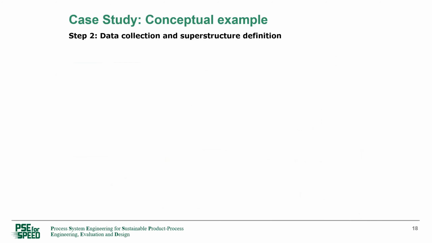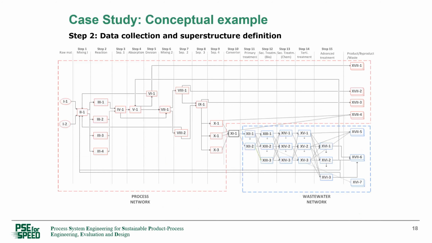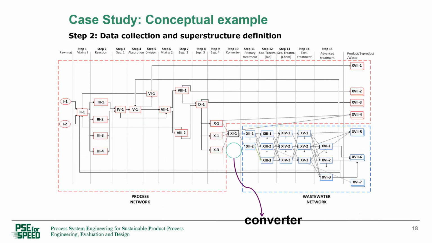And then the 2 networks need to be joined together. So you see the red and the blue, and then in between there is 1, and this is the converter. That means it takes all the wastewater from the process, feeds it to the wastewater treatment, and after the solution, the clean water goes back to the process.